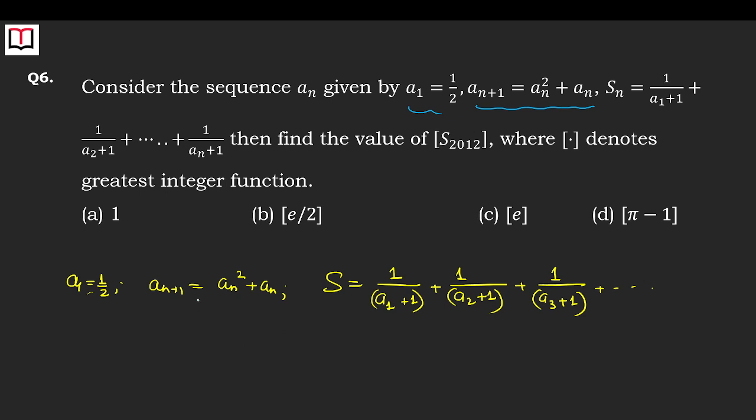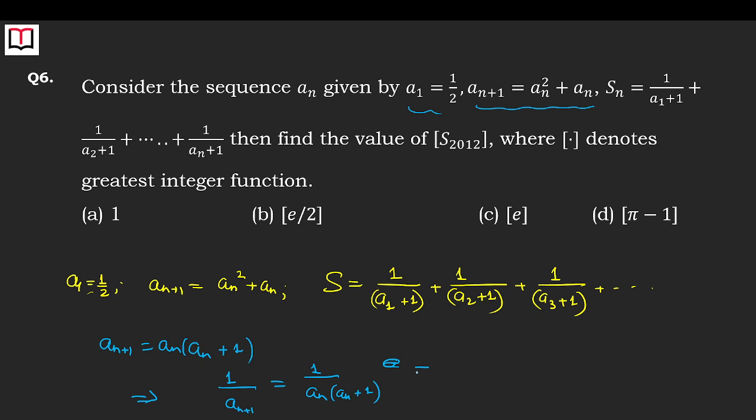See, what we did was take an common, and this is a(n+1). Then take the reciprocal: the (n+1)th term is equal to 1 by an times (an plus 1).